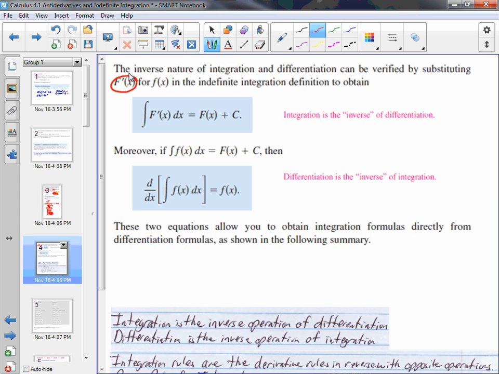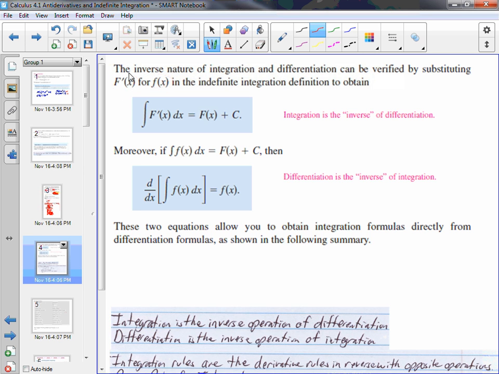The derivative of the antiderivative, which is the original function. Right? Take something, then its derivative, you got to be back where you started, don't you? Okay? So capital F prime of x means the derivative of the antiderivative of little f.